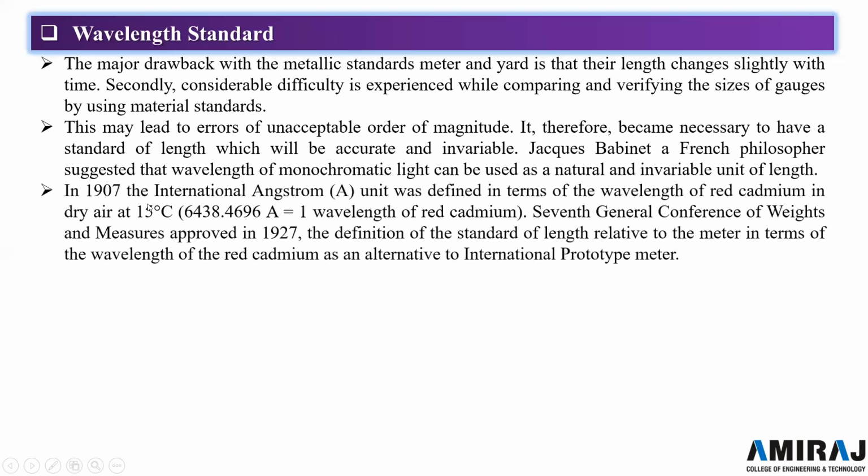Now in 1907, the international angstrom unit was defined in terms of the wavelength of red cadmium light in dry air at 15 degrees centigrade, which was 6438.4696 angstrom, equal to 1 wavelength of red cadmium.